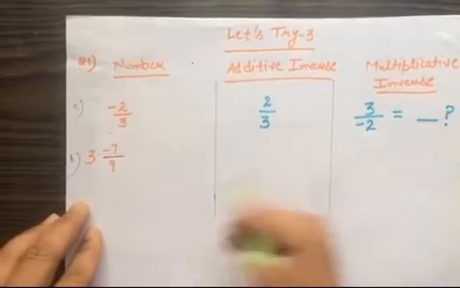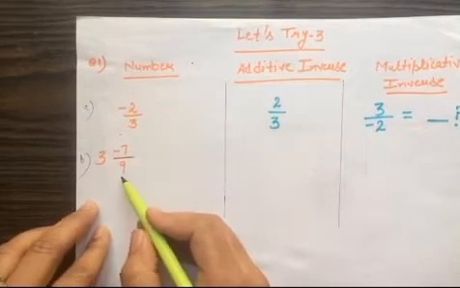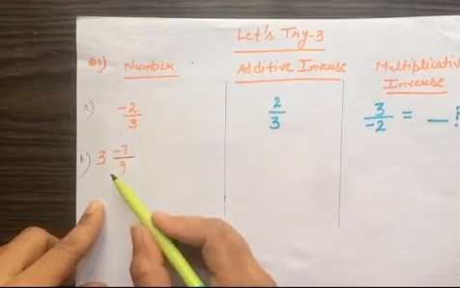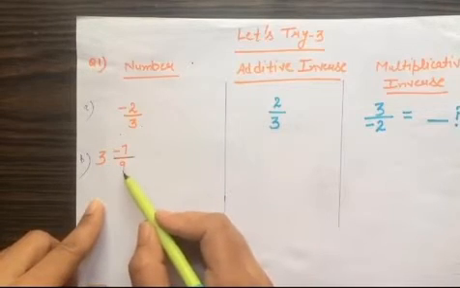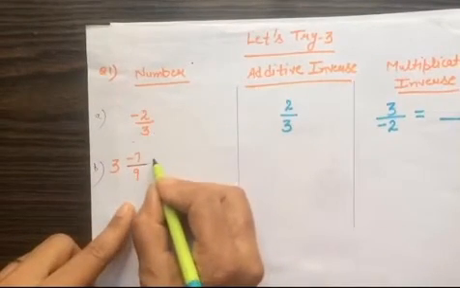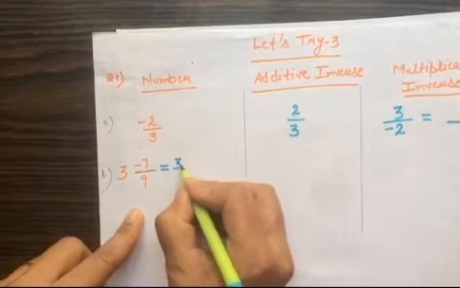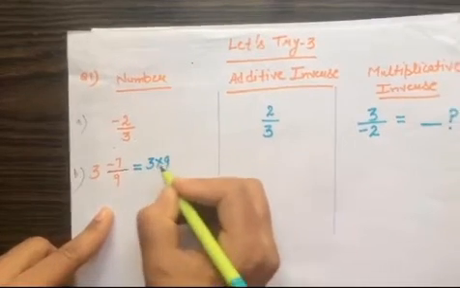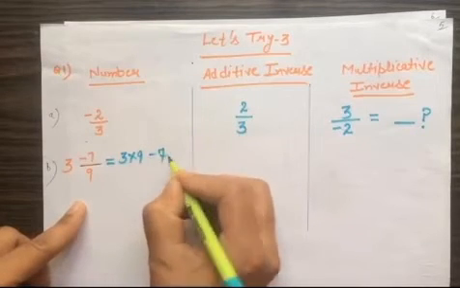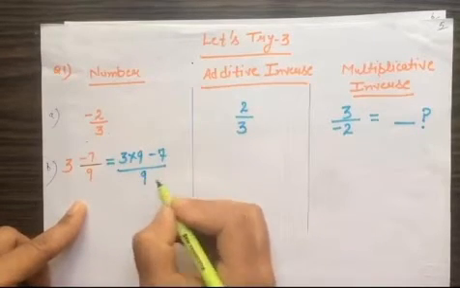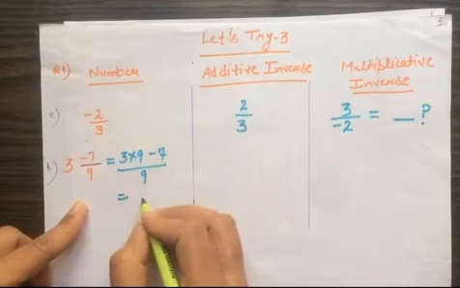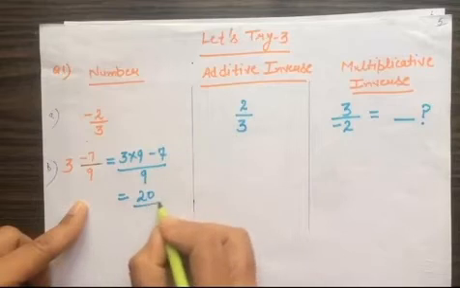Next is 3 -7/9. The number is given here in mixed fraction. So first step is to convert this number into improper fraction, that is equal to (3 multiplied by 9 minus 7) divided by 9, that is 9 3s are 27 minus 7, 20/9.